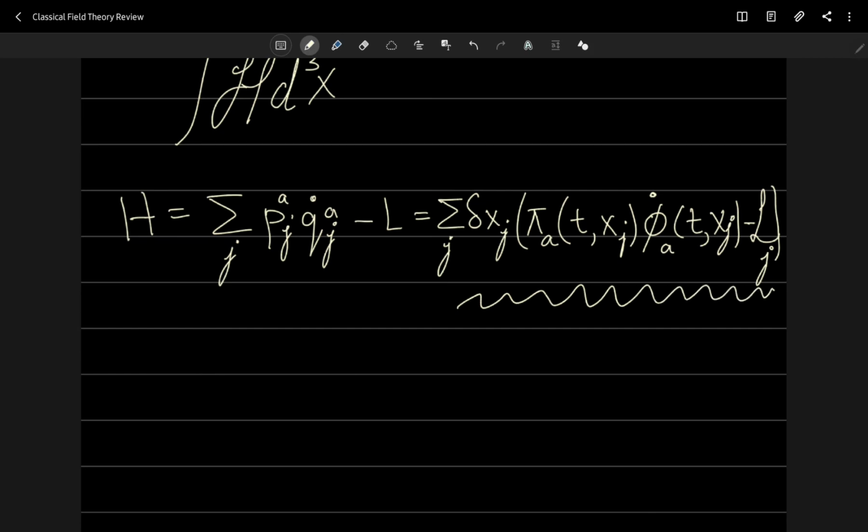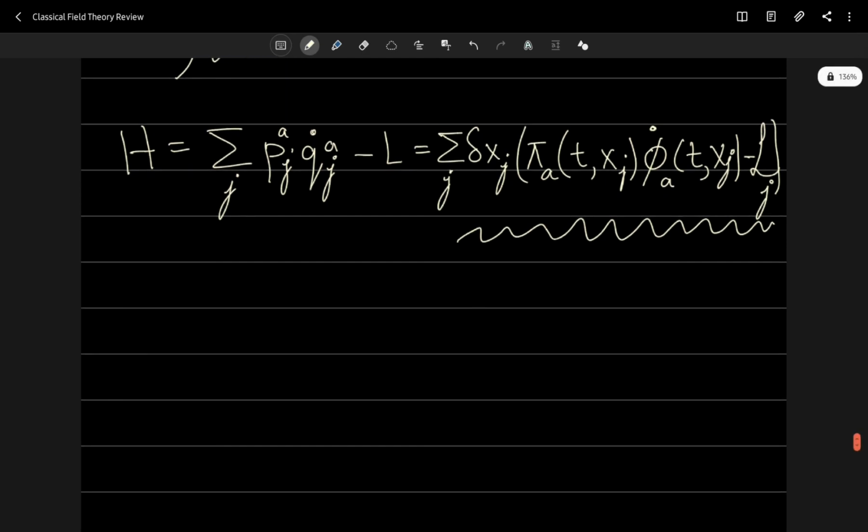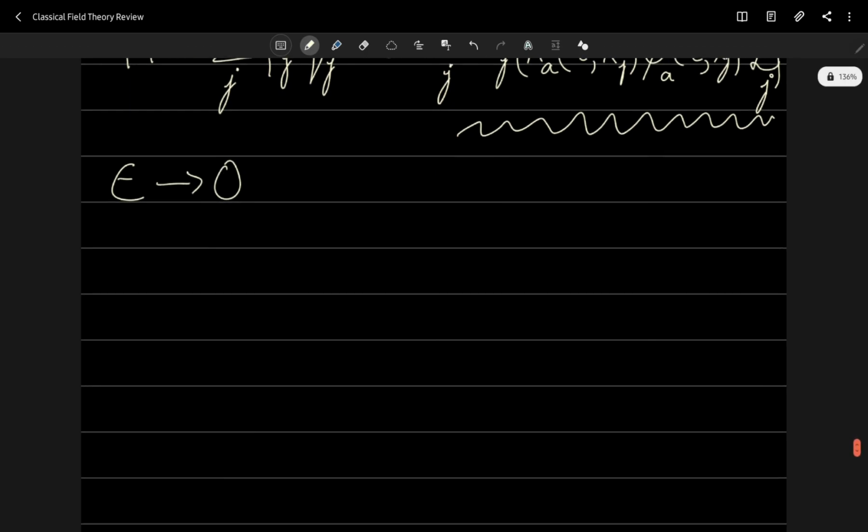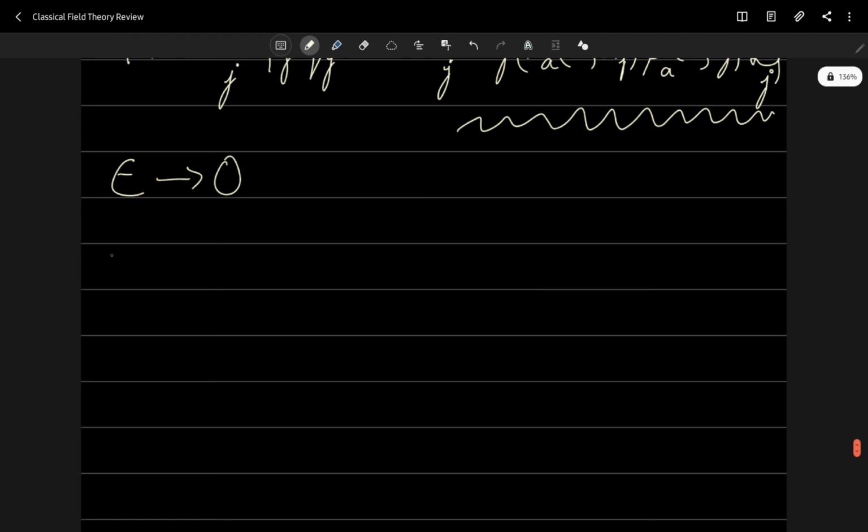Now in the limit epsilon goes to 0, the Hamiltonian density becomes this thing, that is H(t, x).